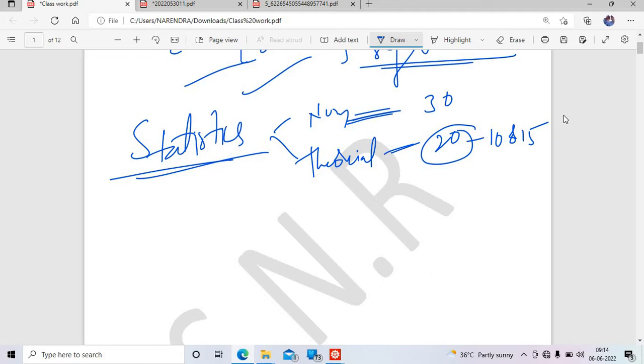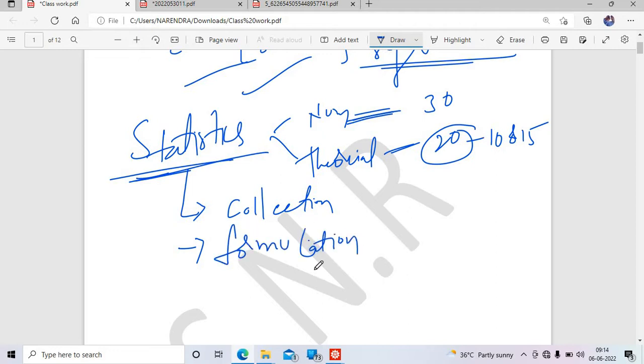So what is statistics? Those who are studying statistics know very well. In statistics, we consider 4 parts. What is the first part? Collection of data, then formulation of data, then analysis, then conclusion.